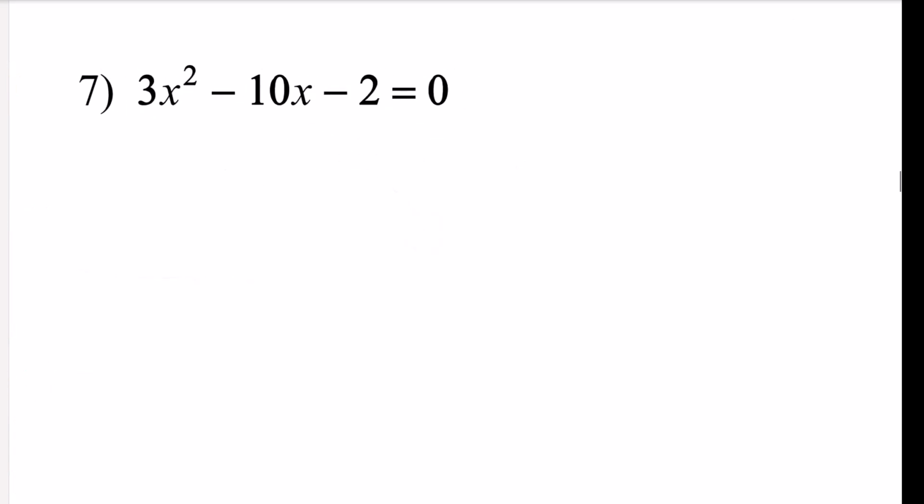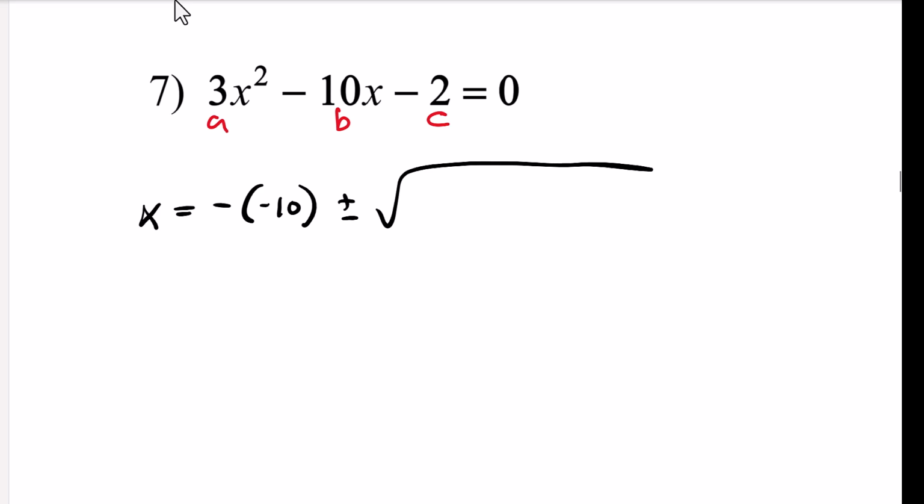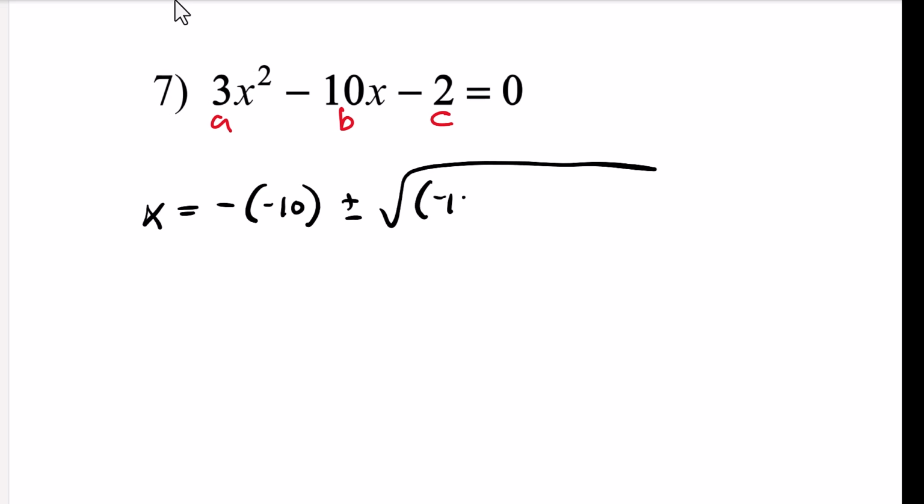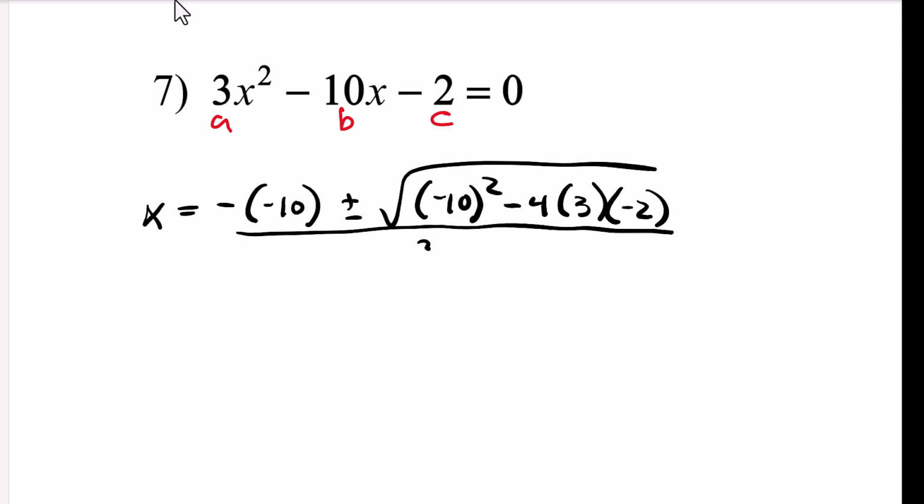Okay, here's another one. Your A, your B, your C. Opposite of B, that's going to be positive 10. B squared minus 4 times the A value times the C value, all divided by 2 times the A value.